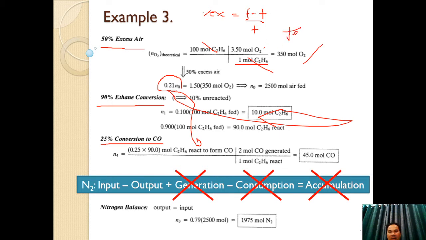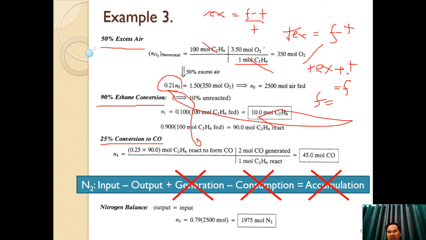Excess multiplied by theoretical equals feed minus theoretical. Theoretical multiplied by excess equals F minus theoretical. Okay, you get theoretical multiplied by excess plus theoretical equals F.